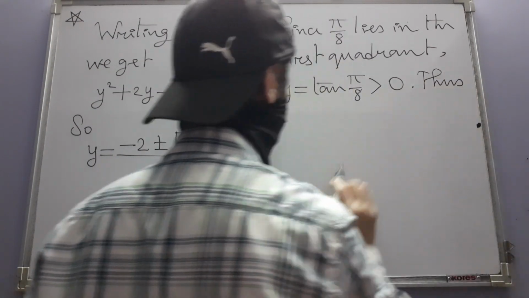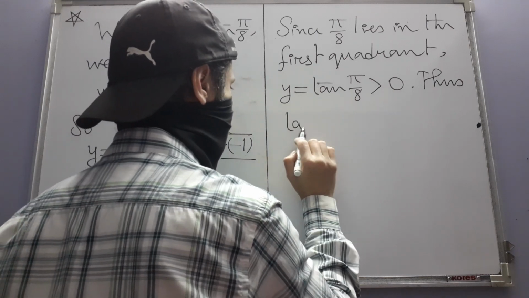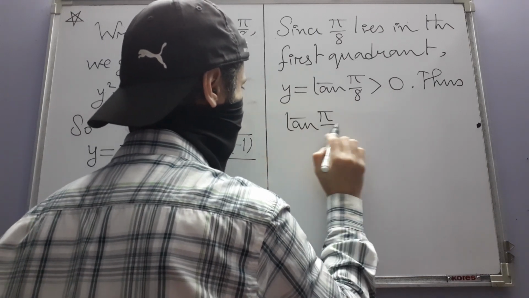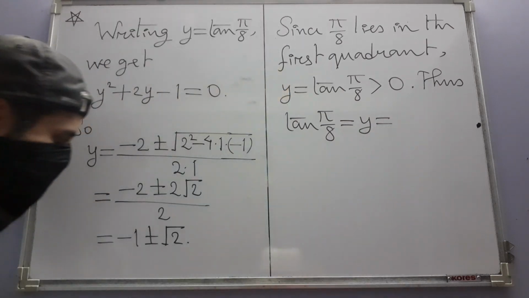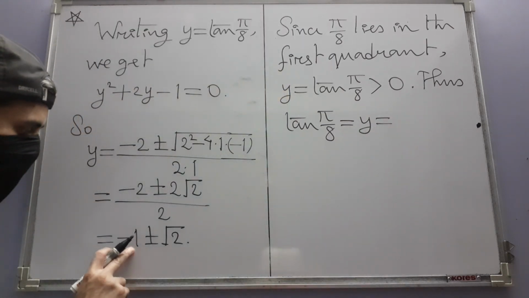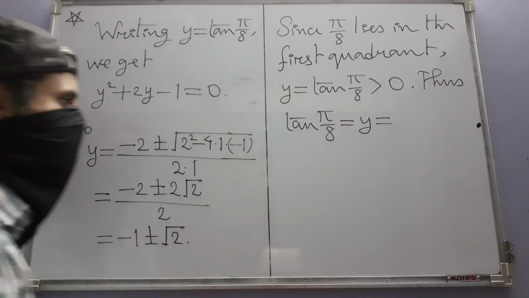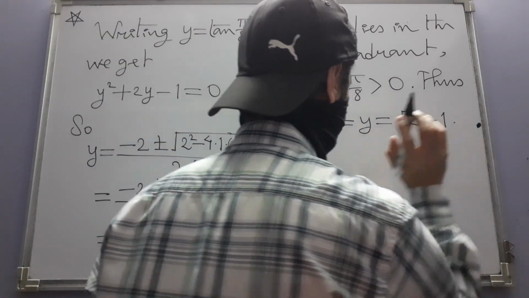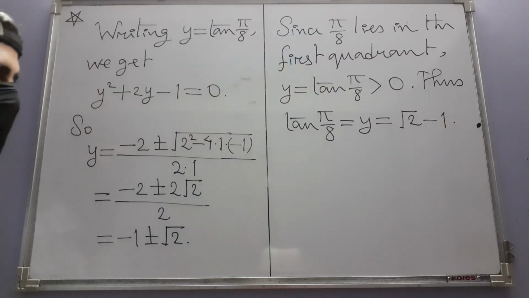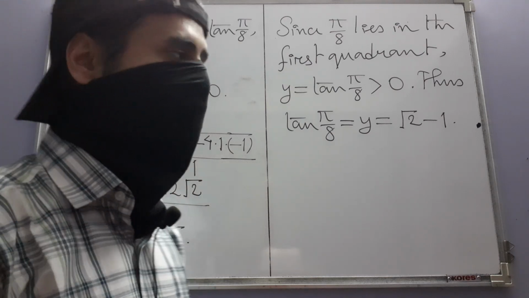Thus, this will be the positive of this 2, which is minus 1 plus root 2 or root 2 minus 1. So that's the value of tan pi divided by 8.